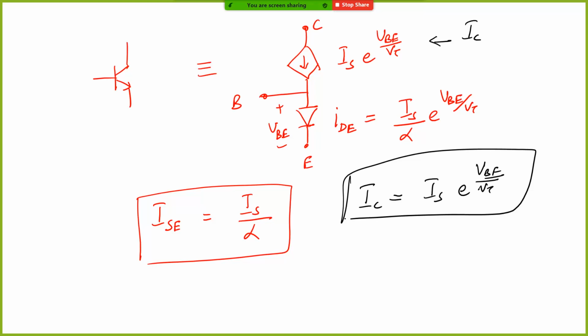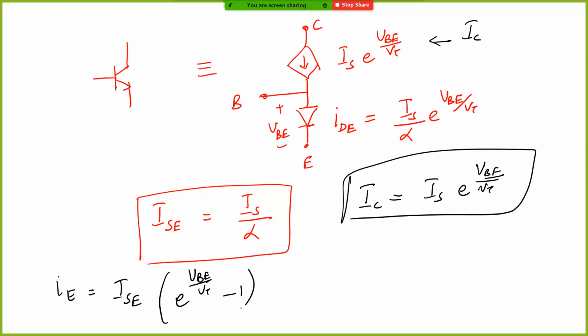The current is determined by the diode, and the reason why I keep talking about collector current rather than the emitter current is that once you start designing, you will mostly look at the collector current equations. Okay. And in fact, if you want to be even more accurate, you would say that IE can be written as ISE e to the power of VBE by VT minus 1.